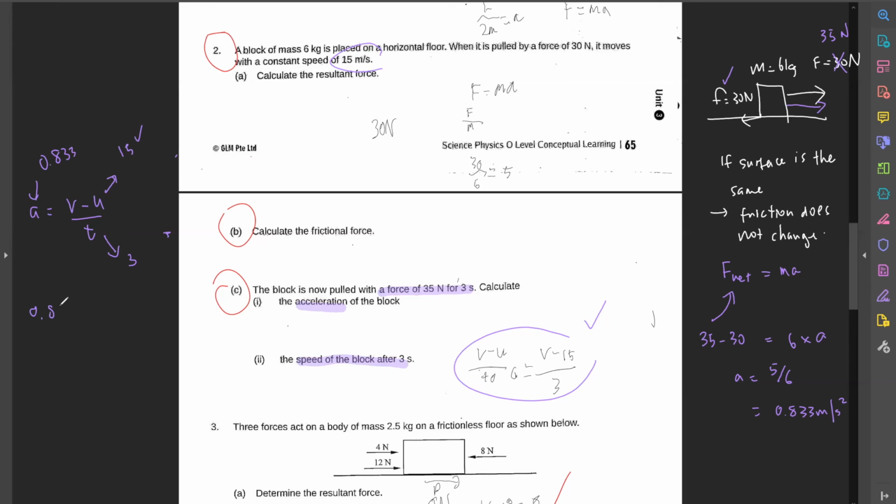So it'll be 0.833 equals V minus 15 over 3. V minus 15 equals 3 times 0.833.